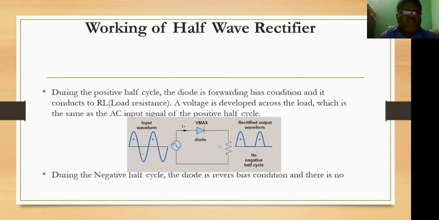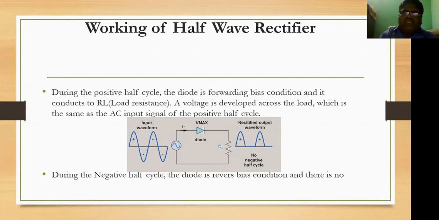Let us see. During the positive half cycle, the diode is in forward biased condition and it conducts to RL. Conducts means forward bias condition, the on state. Forward bias means on state. During the positive half cycle, the diode is working under the forward bias condition.